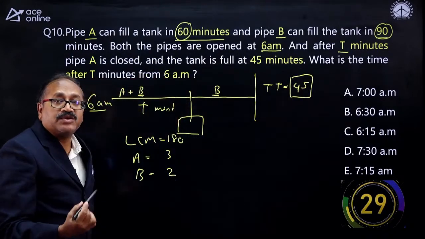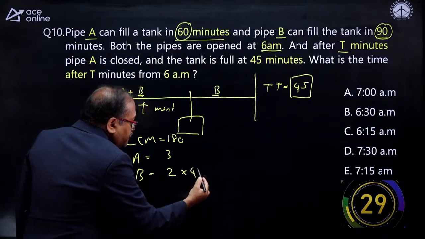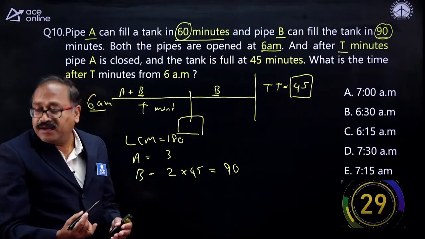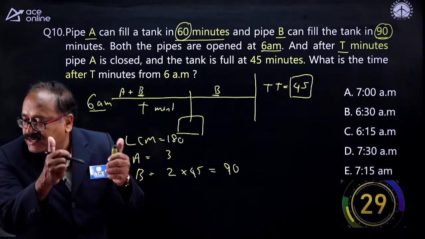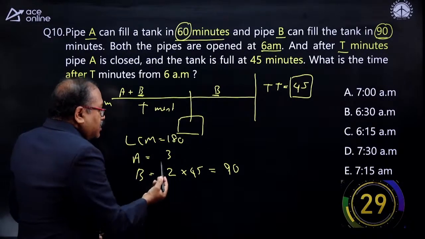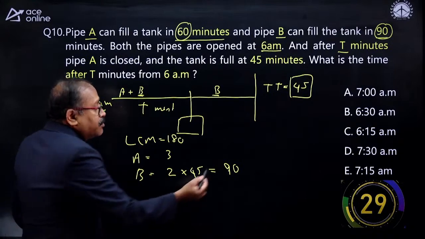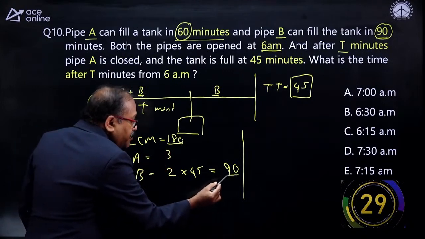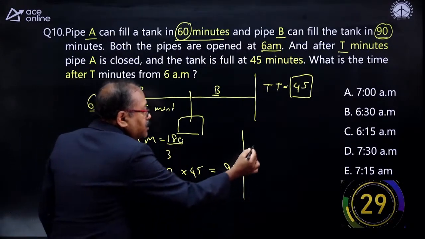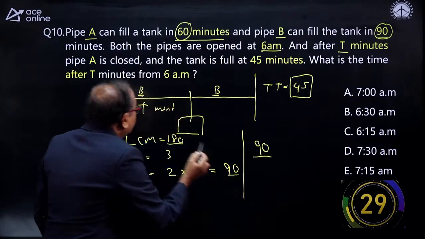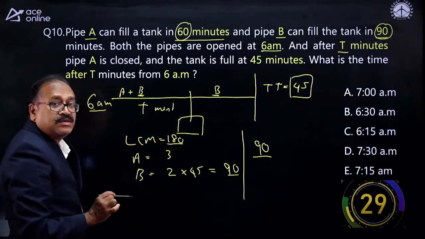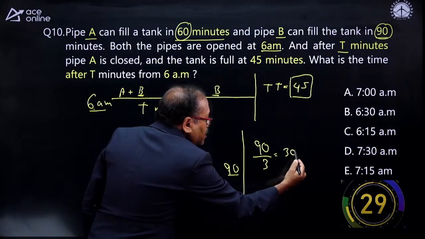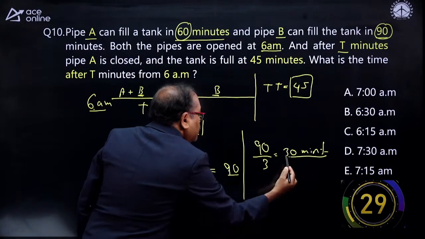How much of the tank did B fill? 2 into 45, that is 90 units filled by B. Then the remaining part must have been filled by A. Total is 180, out of which B filled 90, so 180 minus 90, that is 90 units are left, which A filled in T minutes. 90 units divided by 3 units comes to 30 minutes. So A filled for 30 minutes.